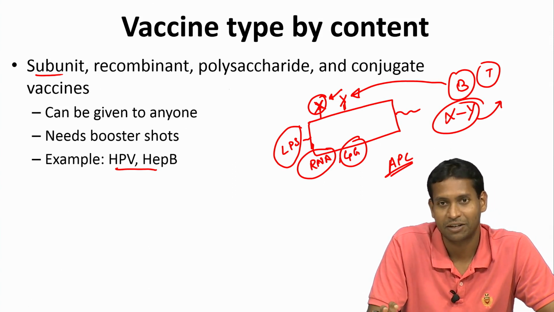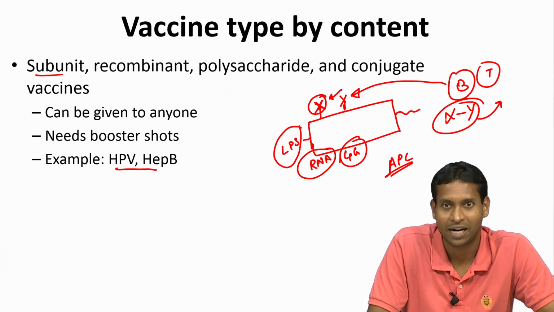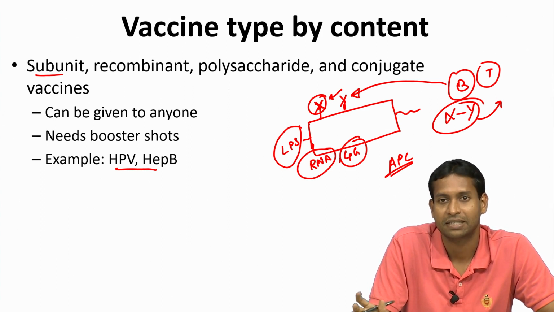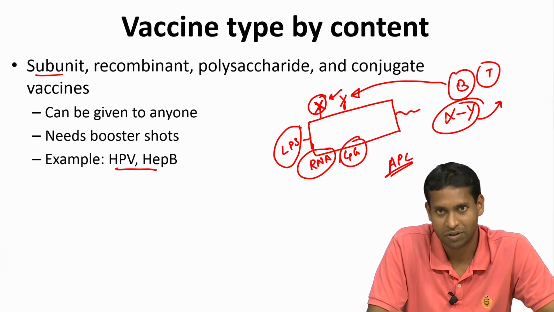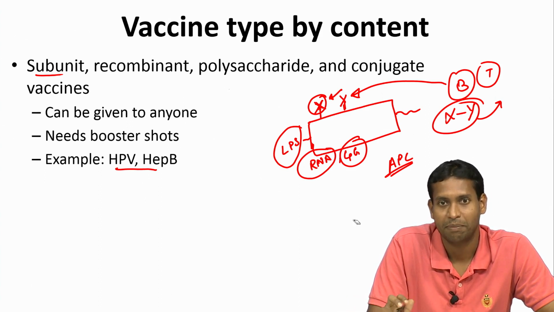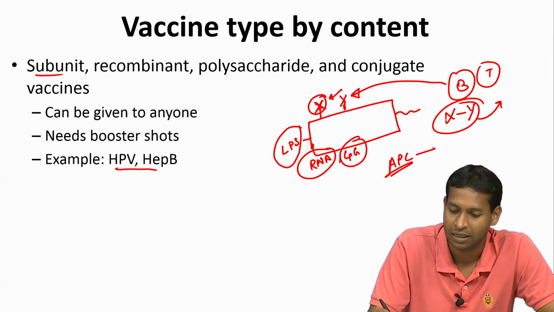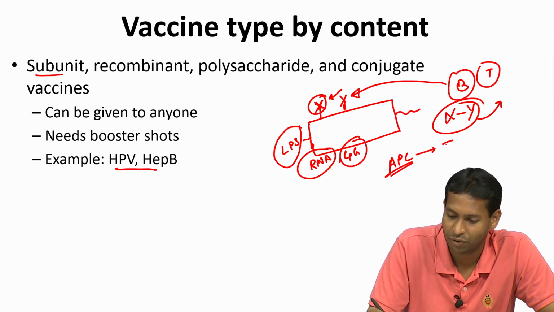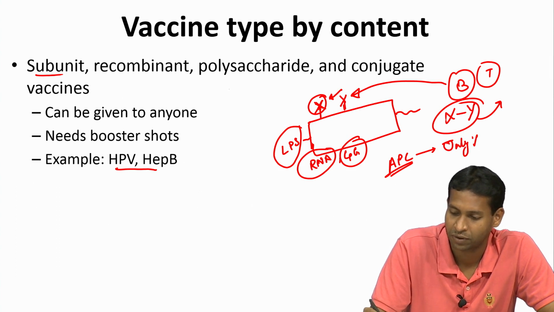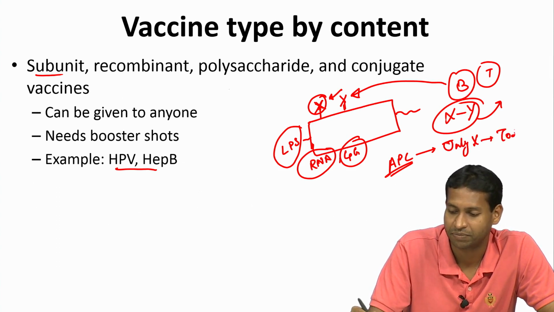This is the last thing that you want, because then the immune system will think it is a self protein because there is no co-stimulatory molecule, and it may actually go into tolerance mode. So, if you only do this with only X, you may go into tolerance.